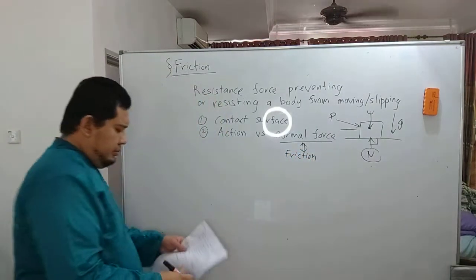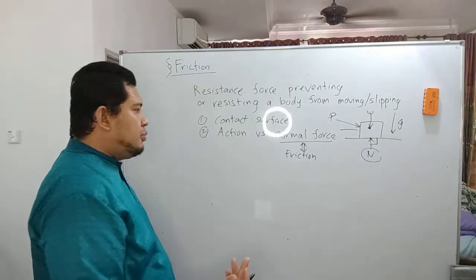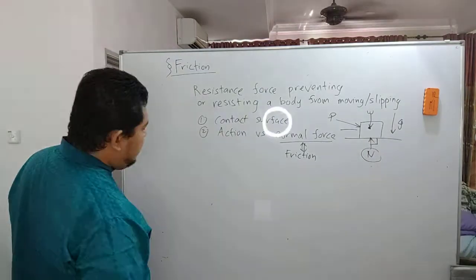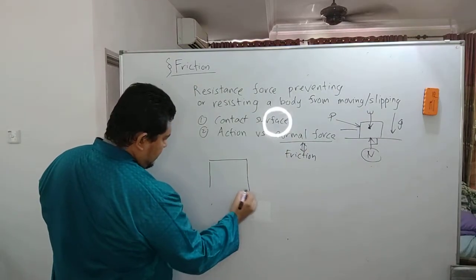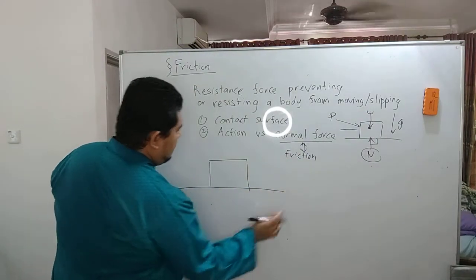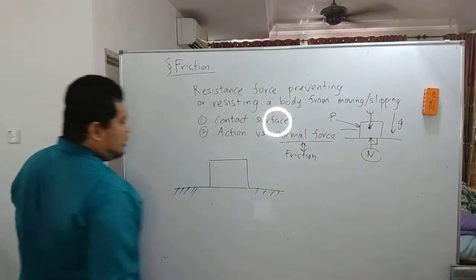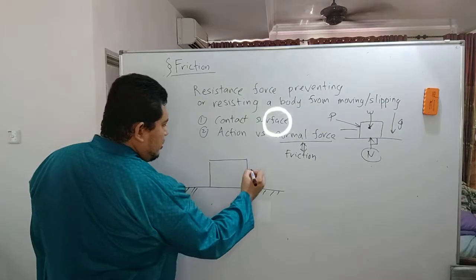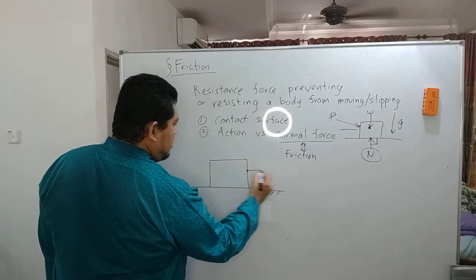To understand this, you need a proper diagram to explain the friction force. Say, for example, you have a crate over here, then you have a contact surface of a floor over here. Then you have a load which is applied either horizontally or vertically.